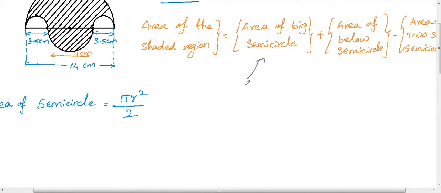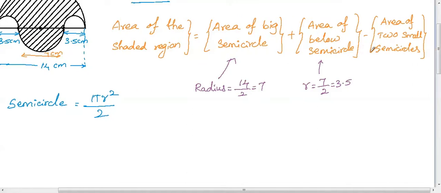In this, the big semicircle's radius is 14 divided by 2, which is 7 centimeter, and the semicircle below has a diameter of 7 centimeter, so the radius is 3.5 centimeters.